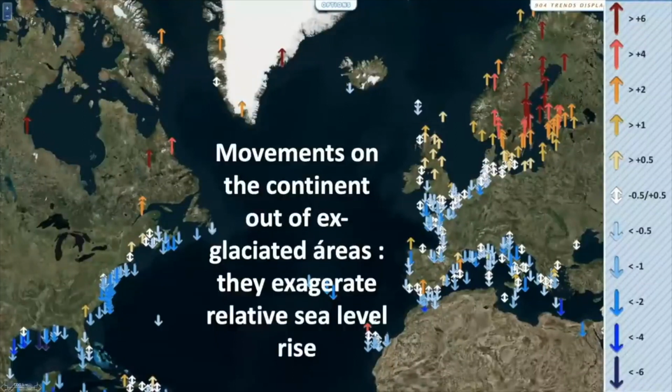In the glaciated areas, you have the land coming up quite a lot, as you can see, more than 6 millimeters. And around it, in these four bulges, you have places where the land is going down. Most of them are places where the continent is going down, and sometimes you also have places where the continent is coming up.